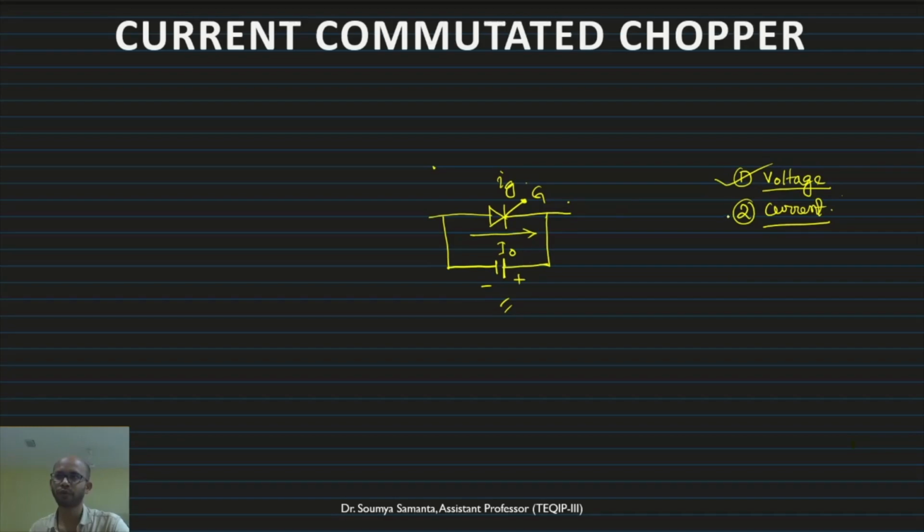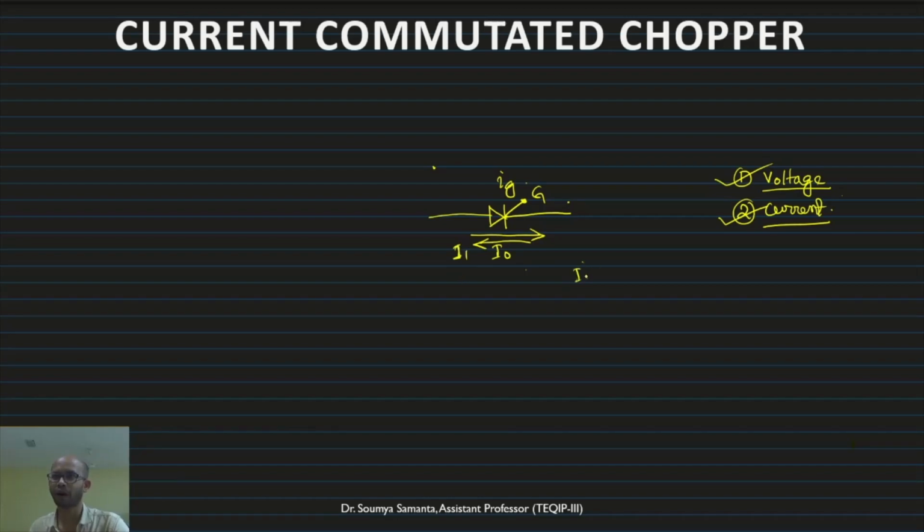Now today I am going to discuss the current commutation. In current commutation, suppose this I0 is the load current direction, we push a current in the reverse direction, suppose this is I1.